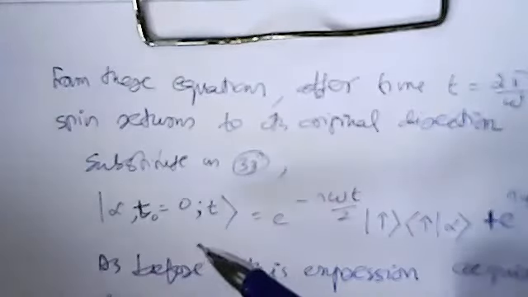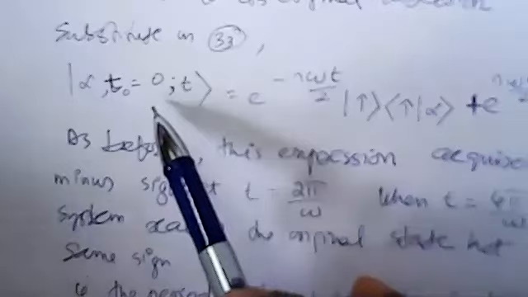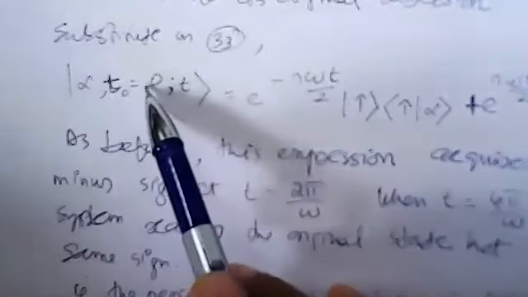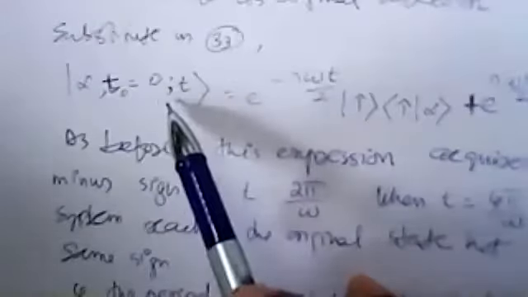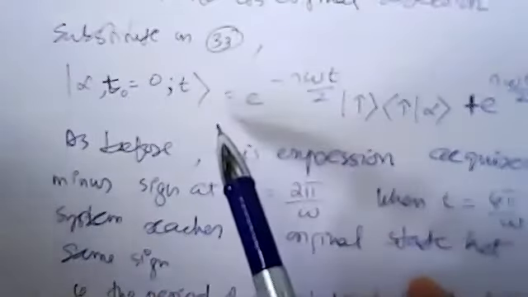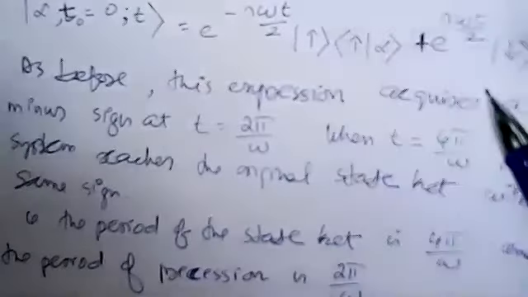But see what happens to the general state. General state, ket alpha, after rotation between time 0 and t. What happens to ket alpha? This is alpha of r, with time from 0 to t. So that is the general state alpha, as we wrote in the previous class.